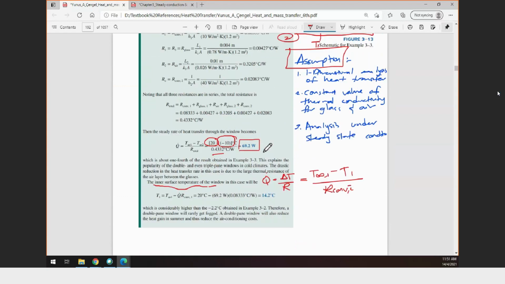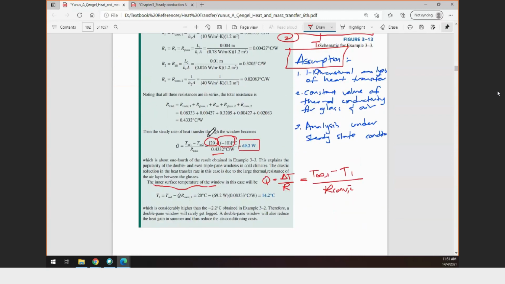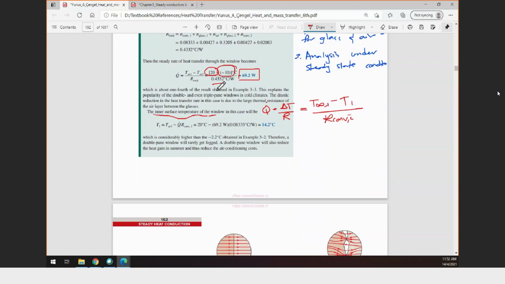Any questions? So this is an example of how we can use the thermal resistance concept whenever we are dealing with more than a single layer. Previously, for a single layer, we could use a simple calculation of heat conduction, but if you have multiple layers, then the thermal resistance approach is more useful, easy and simple for combining resistances.